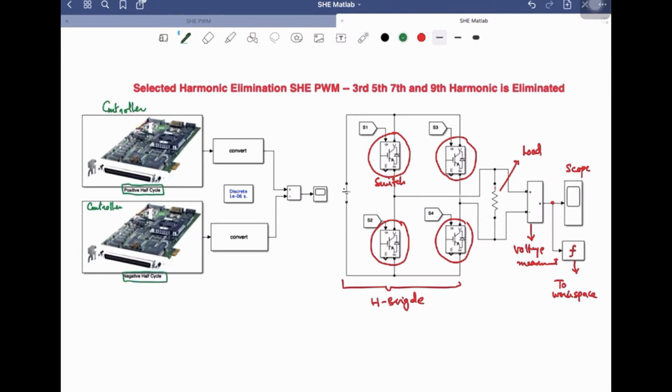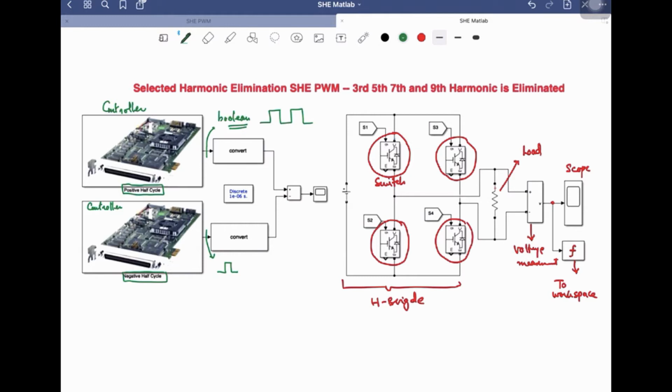The pulses are generated from here, and the data type for those pulses is boolean, either 0 or 1. Let's suppose that this is the pulse waveform generated from this controller block, and similarly from here we will be getting a set of pulses.